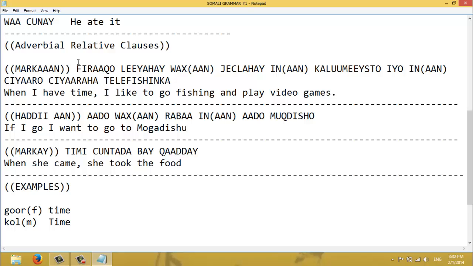So adverbial relative clauses, such words as when, if, etc., when they are used as conjunctions, are translated into Somali by relative clauses with specific head nouns which may be thought of as functioning like conjunctions. All right. So here are some examples. And like I said, we already understand the subject pronoun, so a lot of this stuff is going to make sense.